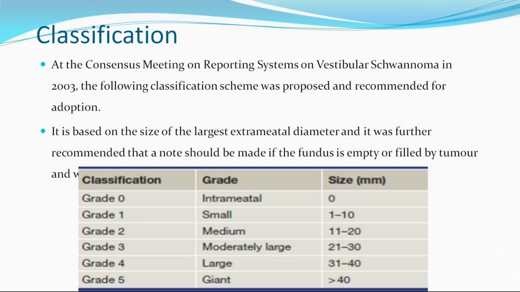Based on this classification, grade 0 is intrameatal. Grade 1, small tumor, is 1 to 10 millimeters. Grade 2, moderate, is 11 to 20. Grade 3, moderately large, is 21 to 30. Grade 4, large, is 31 to 40. Grade 5 is a giant tumor, more than 40 millimeters or 4 centimeters in diameter.